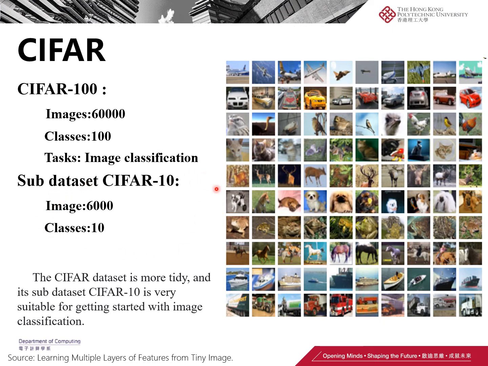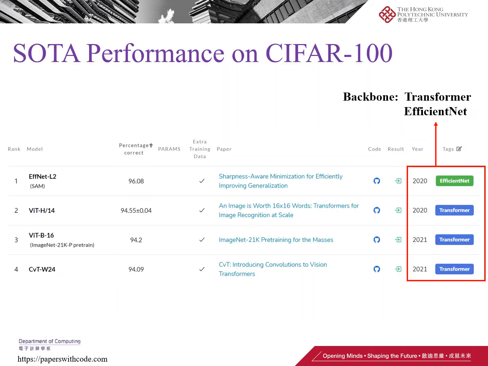A lot of people start with that, in which you have fewer images and fewer classes and it's easier to start. Here is the latest performance on CIFAR, and you can see the top performance right now is EfficientNet-L2, followed by ViT. ViT stands for Vision Transformers, and we're going to introduce Vision Transformers today.